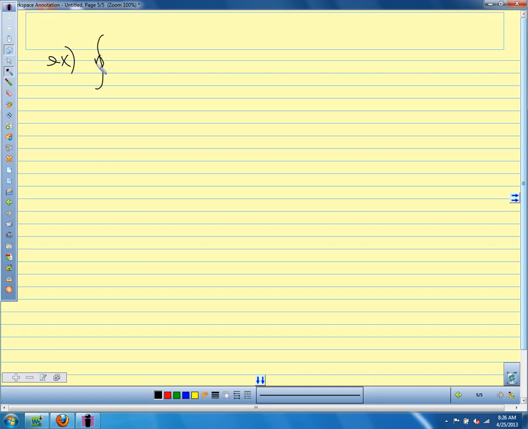So we have the integral over our closed curve. So there's our line integral. Already this thing looks intimidating.